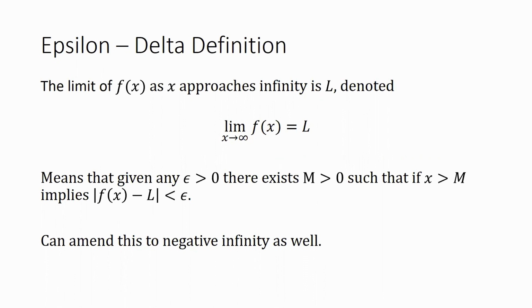We can amend that to have x approach negative infinity instead of positive infinity. All we're going to do is change the big M to an M less than 0, so it's negative, and then x less than M. That means you can get really, really close to the limit for a big enough value of x. Once again, we're not going to utilize the epsilon delta definition of the limit as x approaches infinity, but I did want to bring it to your attention.